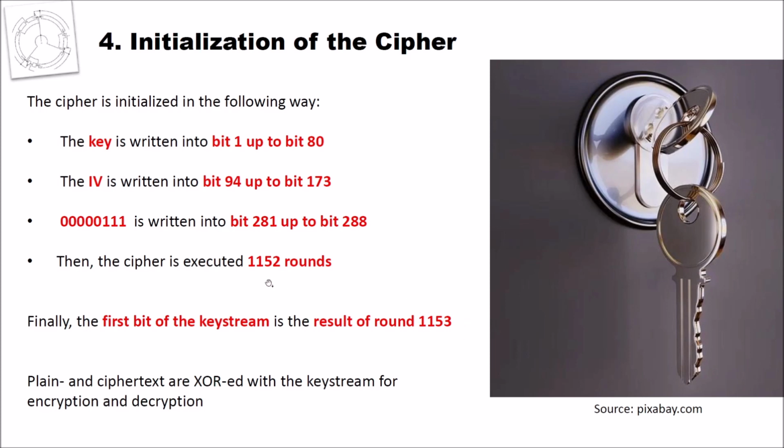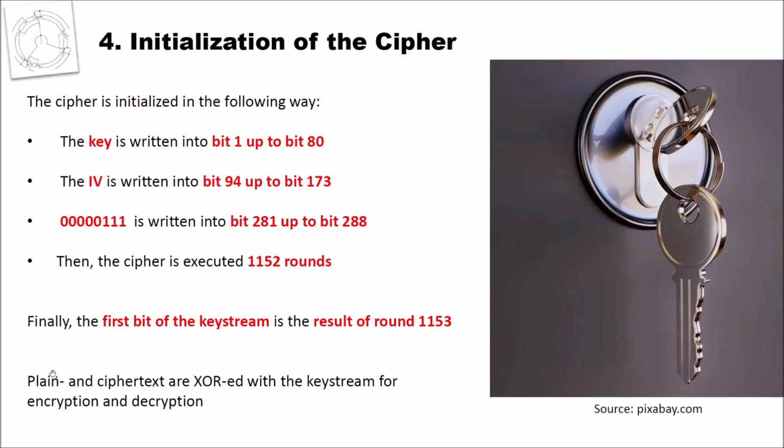So after 1152 initialization rounds, we obtain our key stream. And the key stream is a pseudo-random bit stream. And this pseudo-random bit stream then is used for encryption and decryption.